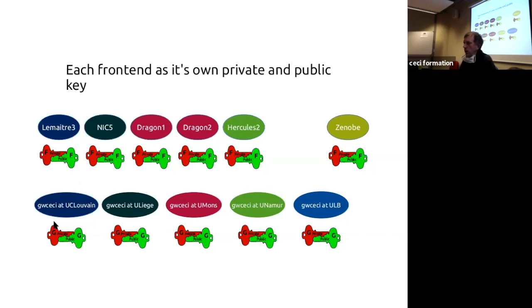Like this, you can identify the computer where you are connecting. At the first connection, you will receive the public key of each, first of the gateway, and then of each front end if you use one of the clusters.